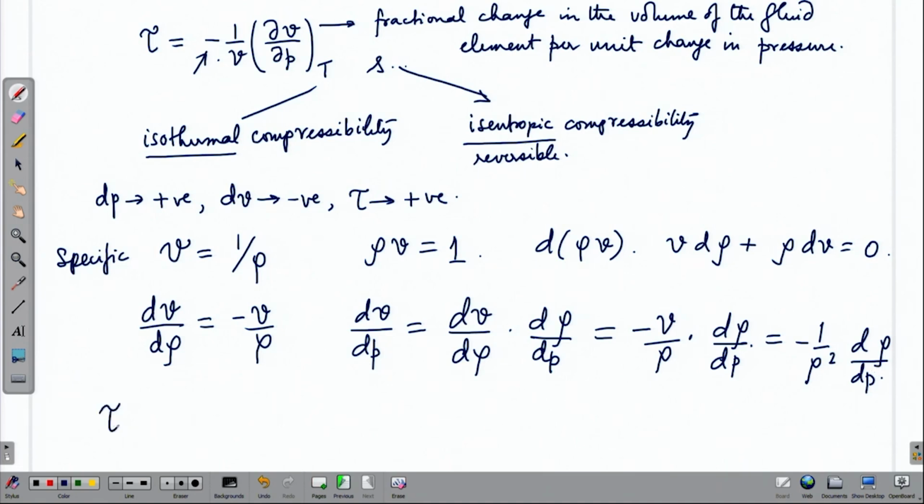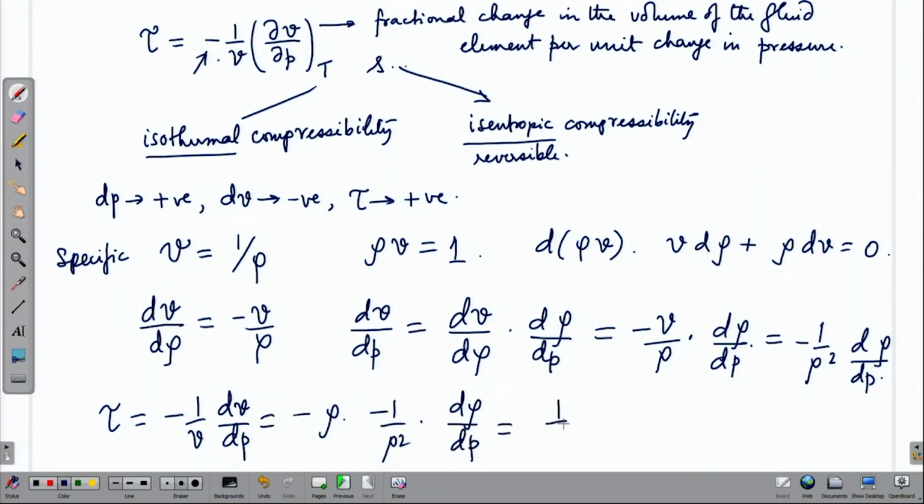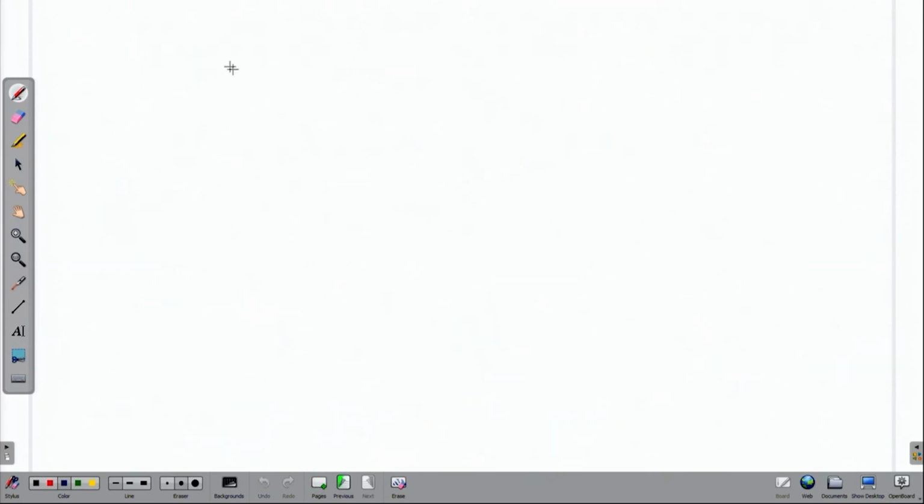Now, going back to the definition of tau, you will have, which will come out to be 1 by rho d rho dP, that is what it will work out to be.